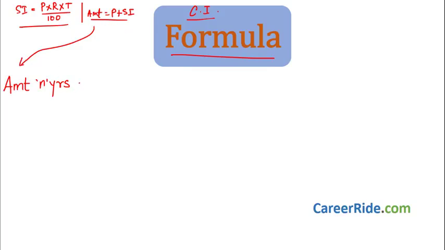Amount which we receive after n years is given by principal amount multiplied by 1 plus rate of interest divided by 100 raised to number of years, that is n. If n is the number of years, then amount received would be P into 1 plus r upon 100 raised to n, right? So this amount will include the principal and the compound interest.